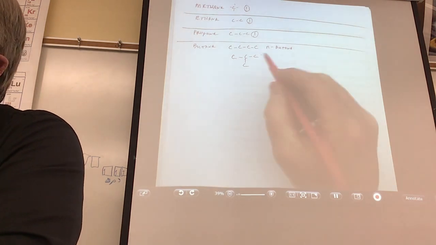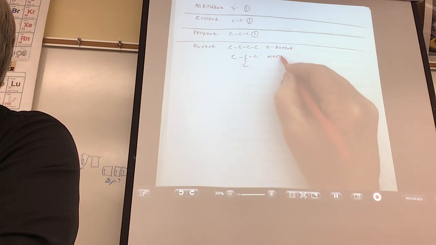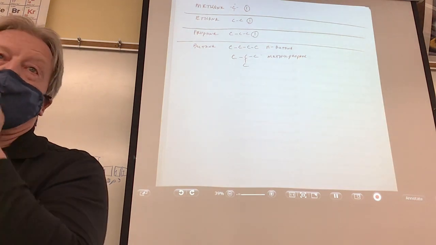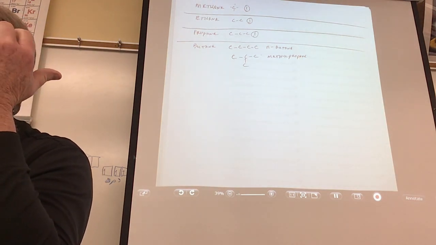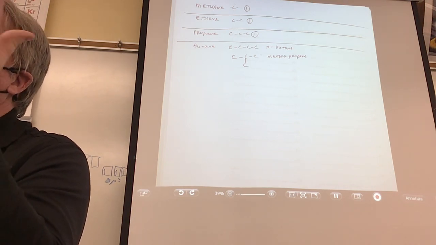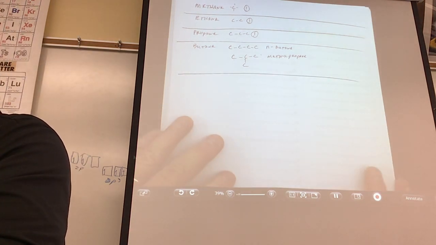What are we going to call it? Methylpropane. And I really don't need the number, because is there any other way to make methylpropane? You can put the number in, but it'd be kind of silly because there's only one way to do it. Now, do you understand it's getting more complicated?